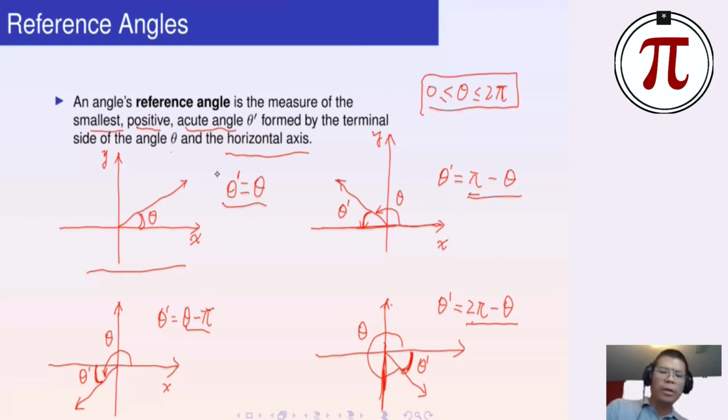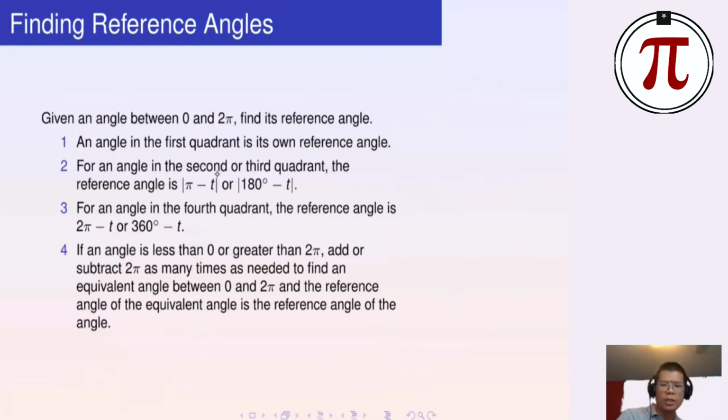All right, so let's summarize these procedures. Given an angle between 0 and 2 pi, we find its reference angle using the following steps. First, if the angle is in the first quadrant, it's its own reference angle, so theta prime equals theta.